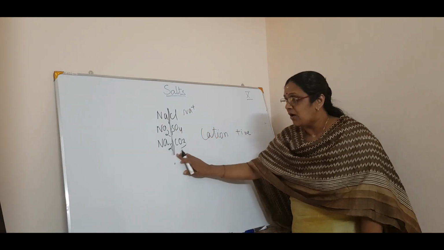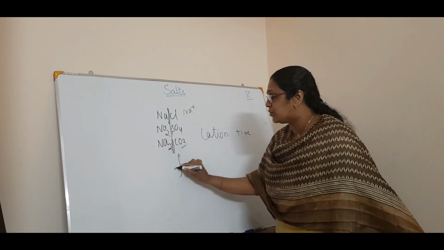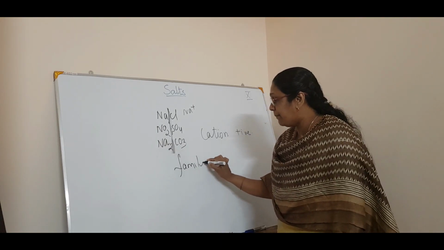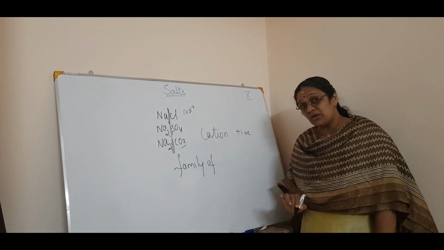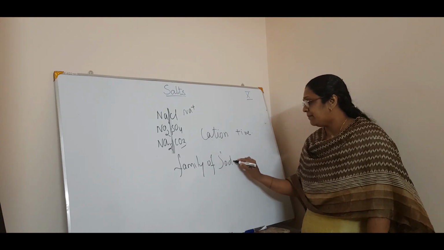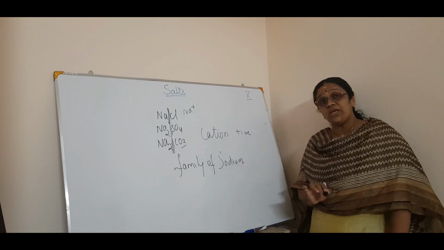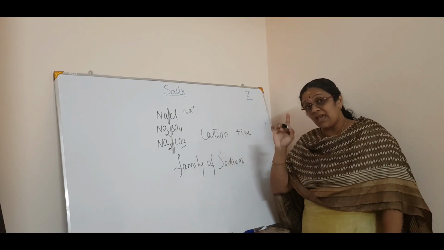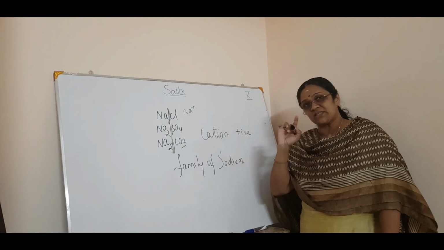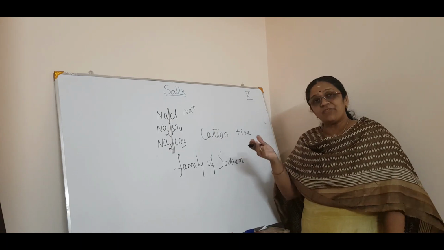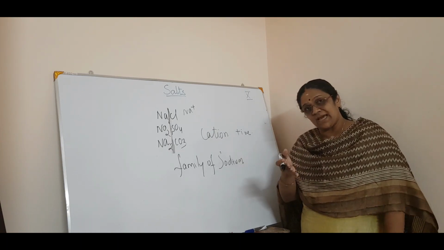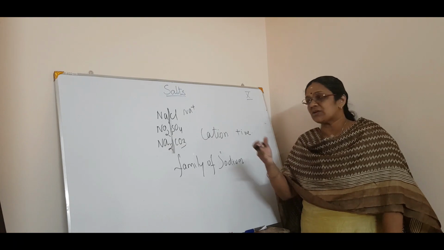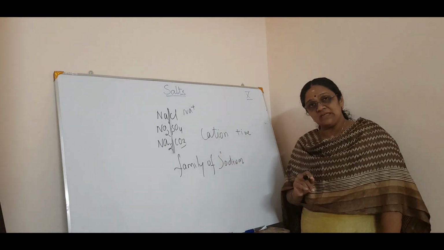Now we can say all these salts belong to, I can write, family of which salt? Sodium salt. See? Family of sodium salt. Why? Because it contains the same cation for all the salts. If there are 5 salts and all 5 of them carry the same cation or the positive charge, it is called by the name of that family.